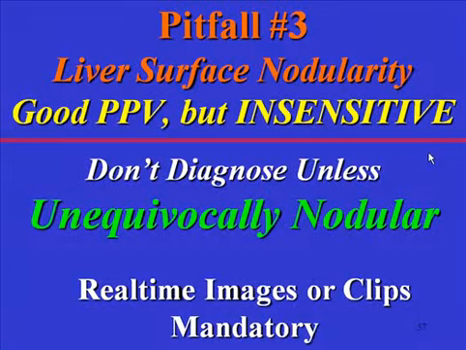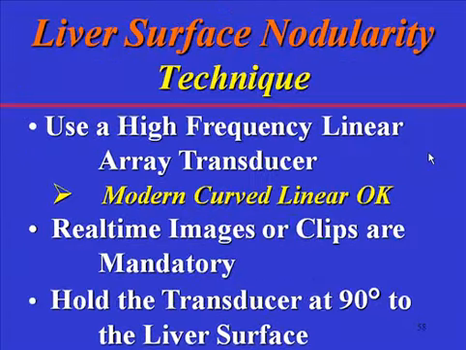However, it's mandatory to view this either in real time or with video clips to make the diagnosis more secure. Looking at still, frozen images doesn't work very well. So what do we do? We use a high-frequency linear array transducer, although occasionally you can get away with the curved linear transducer if the resolution is good enough.